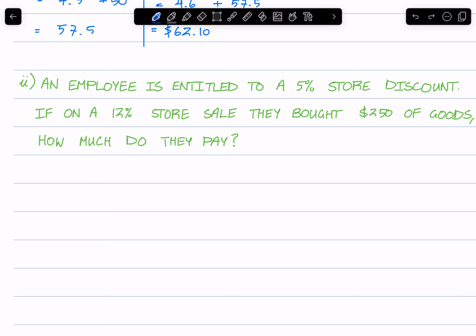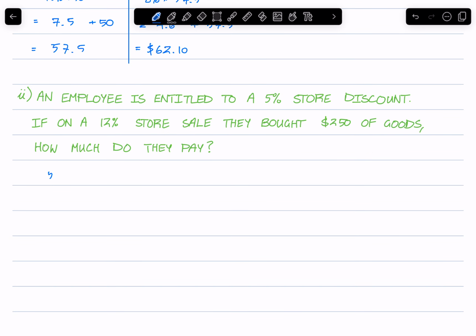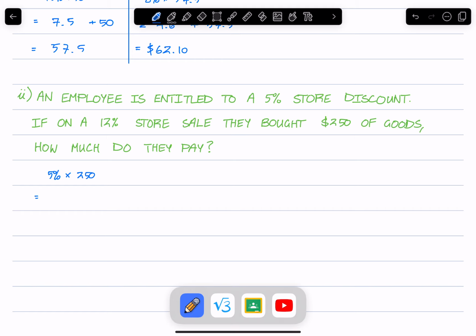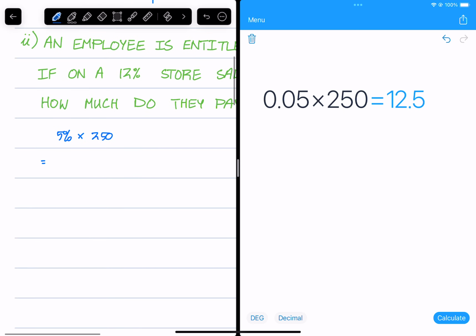For this, you would have to find 5% first. So it's 5% of the 250, whatever that might be. So 0.05 times 250. That is 5% of 250, which is 12.5 or $12.50.